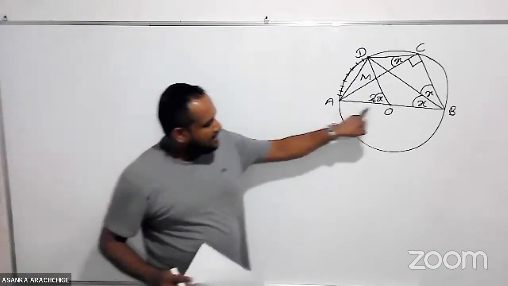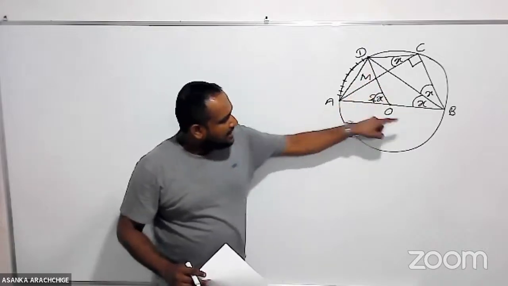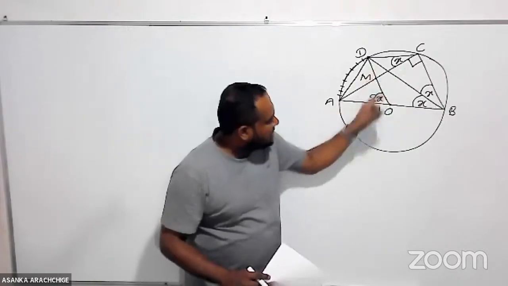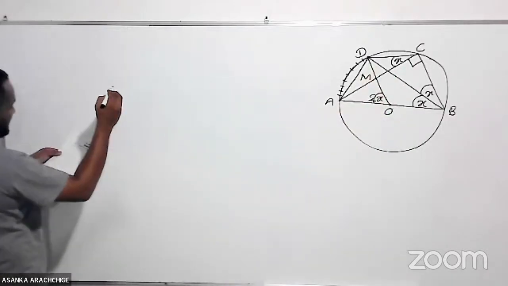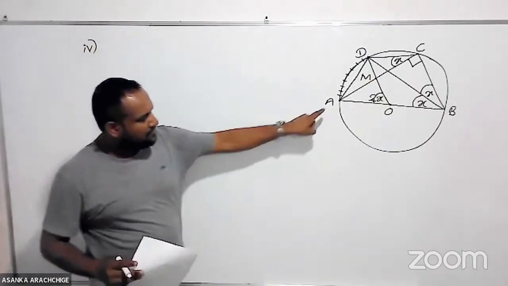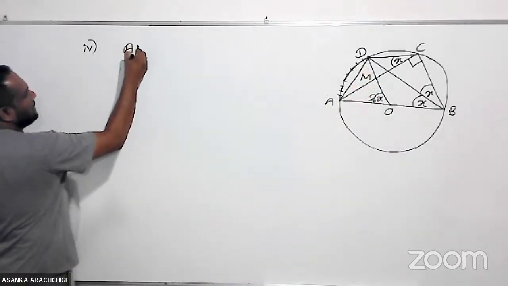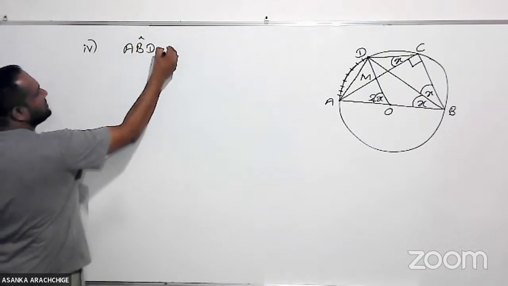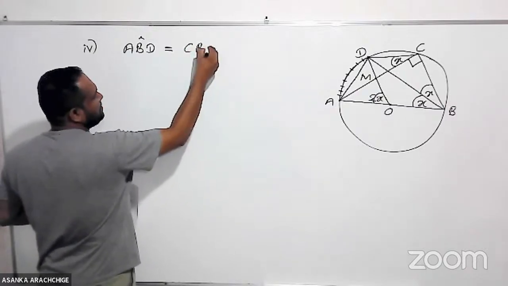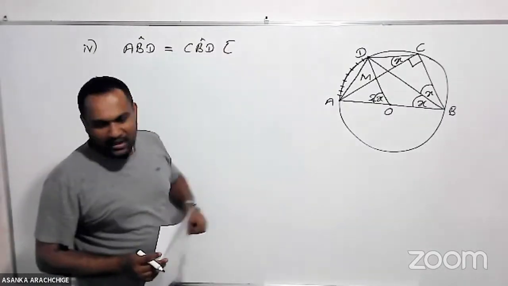Now, if BD bisects angle ABC, you can say angle ABD equals angle CBD. Reason: what is the reason for that?